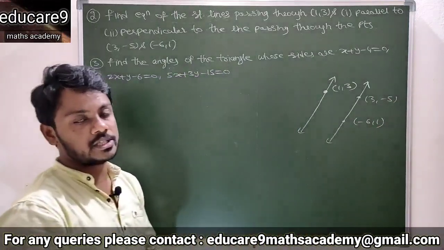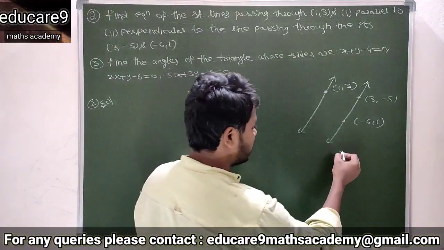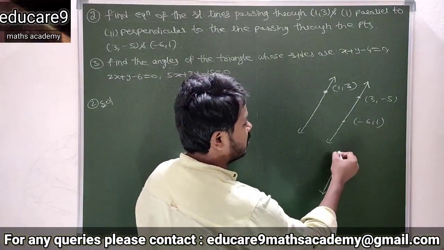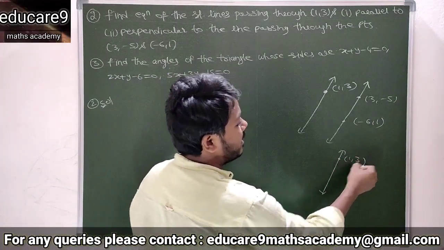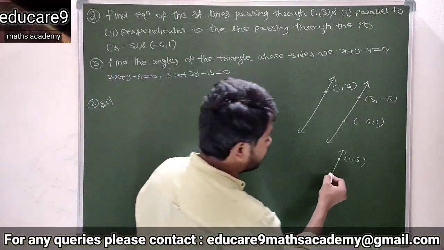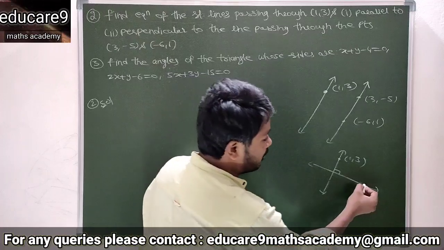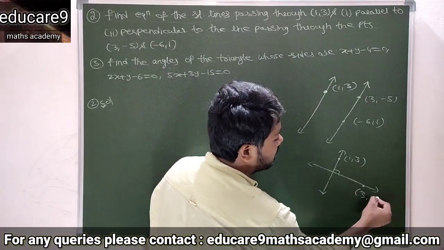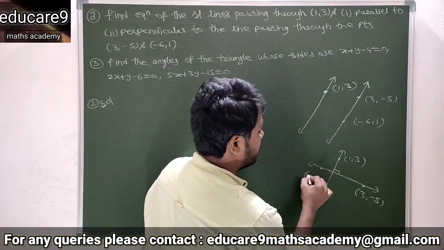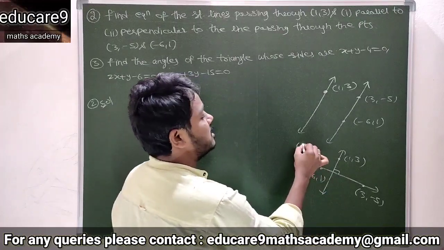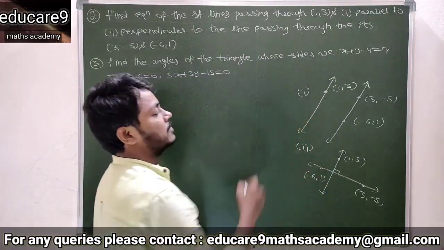So this is the first condition. And the second condition is passing through the point 1, 3 and perpendicular to the line passing through the points 3, minus 5 and minus 6, 1. So this is the second case, and that was the first case.